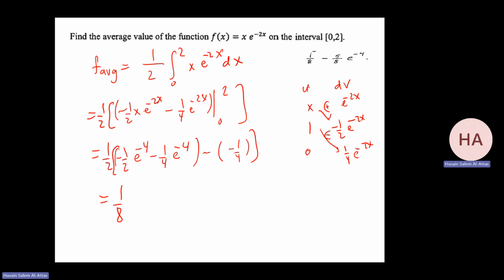This is what? Minus 3 over 4. That will be minus 3 over 8. This is not minus 1. Minus half, this is 2 times 2. So it's minus 5 over 4. That gives me minus 5 over 8. Calculation.